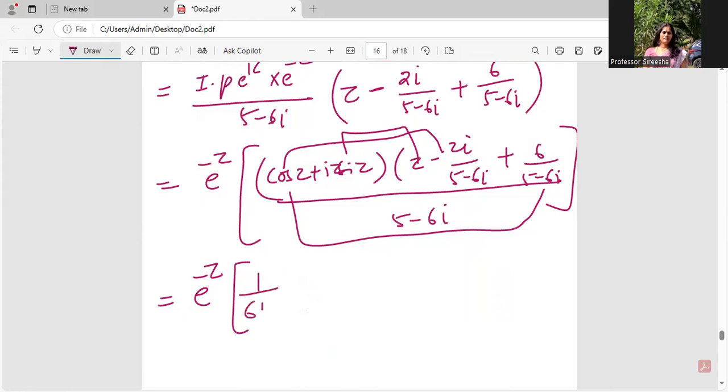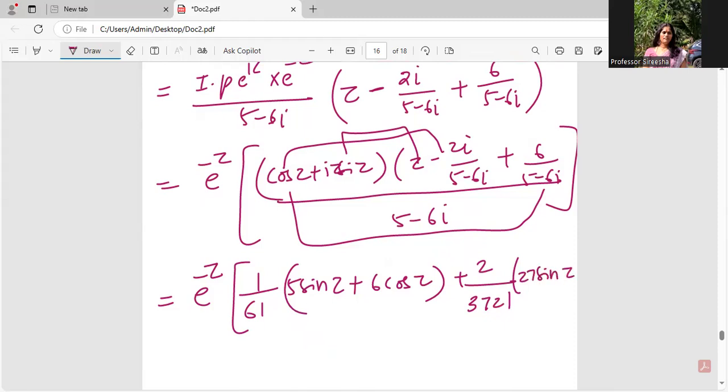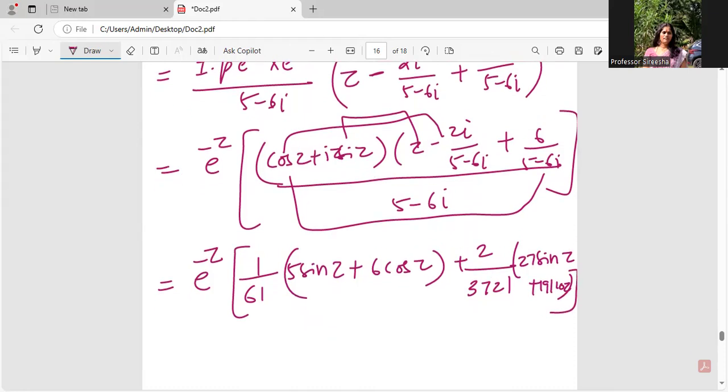So 1 by 61, 5 sin z plus 6 cos z is what I will have. That is one imaginary part. The other imaginary part would be 2 by 3721 into 27 sin z plus 191 cos z. This is my yp2, guys.